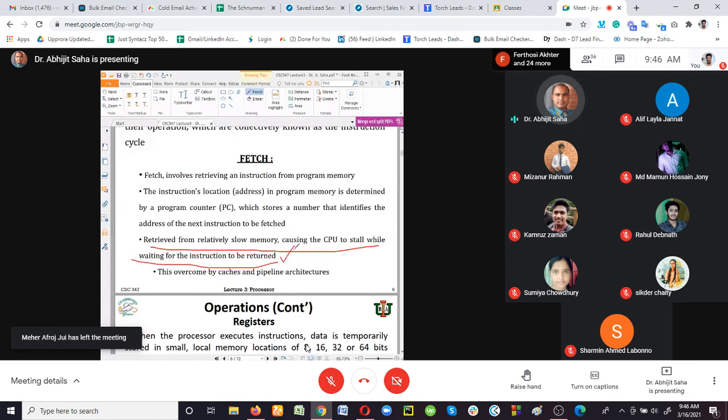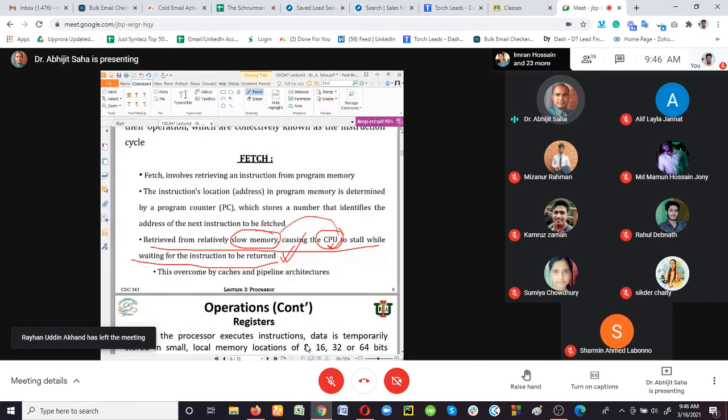This is a problem because the main memory is slower compared with your CPU. The CPU is going to be stalled, that means stopped, when it requires something and it is not there, so it must be brought from the memory.